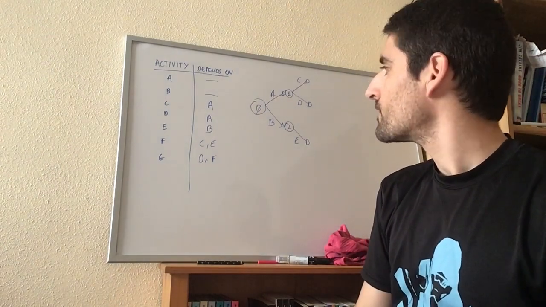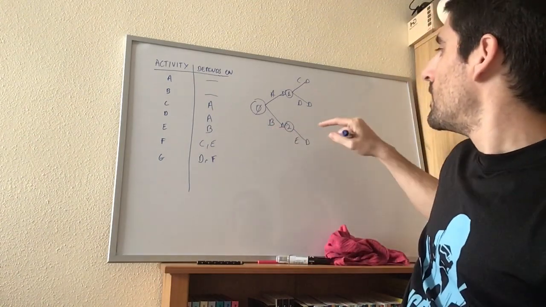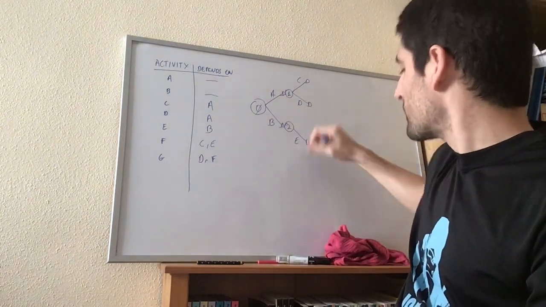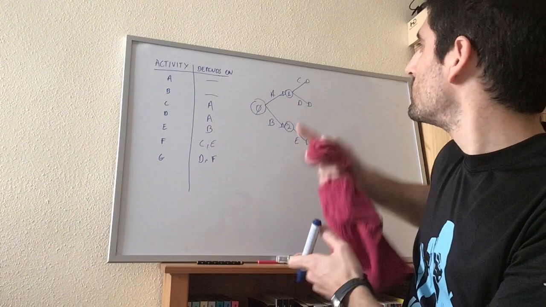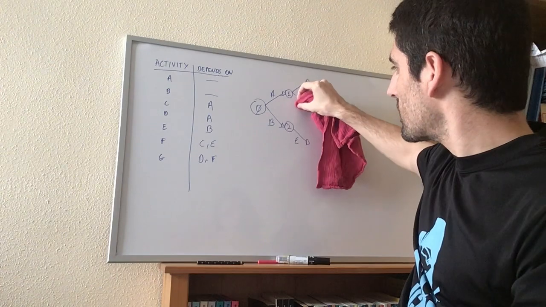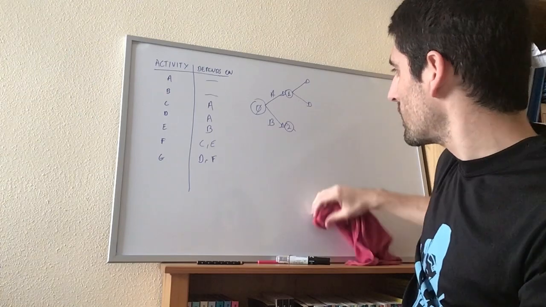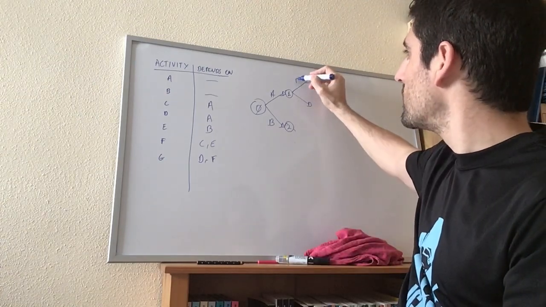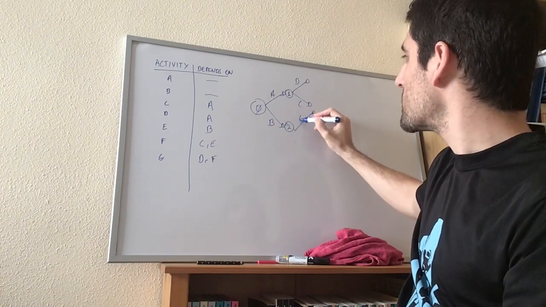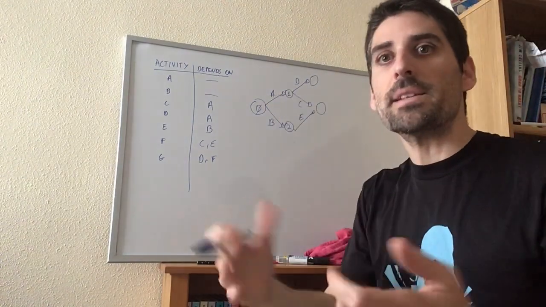Now, F depends on C and E. Oh, hang on. If F depends on C and E, it's no big problem. I can just change this a little bit, so that's D, that's C, that's E, and they coincide in the same node.